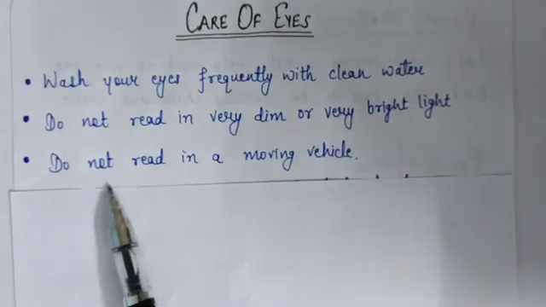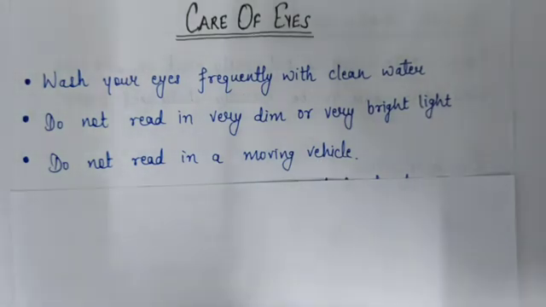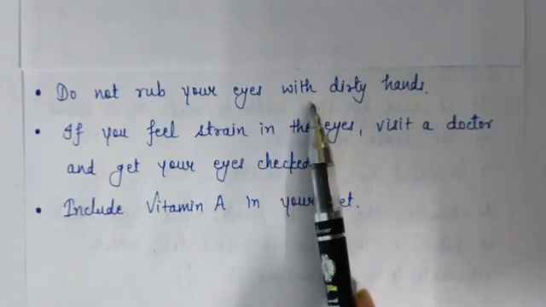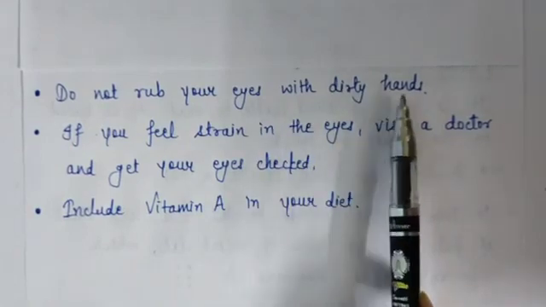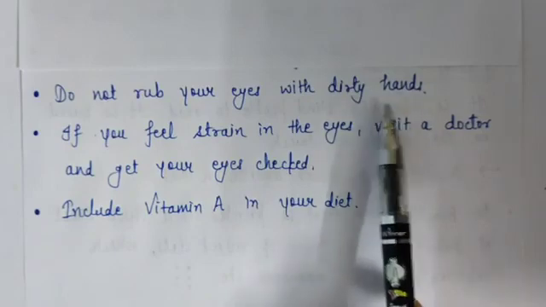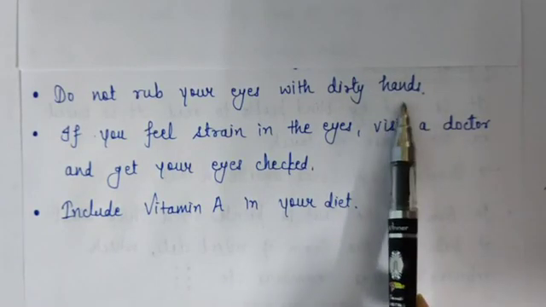Third is do not read in a moving vehicle. Next is do not rub your eyes with dirty hands or with a dirty cloth. Why? Because by doing this, germs can enter your eyes and cause infection.